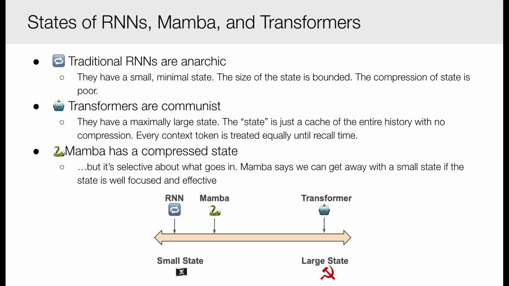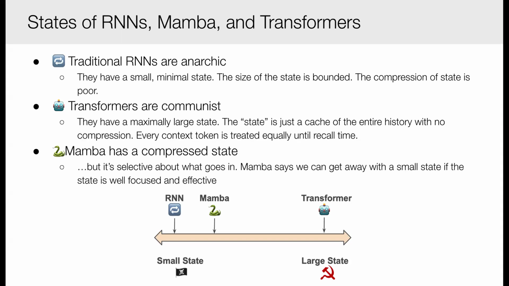This was from another article I saw earlier that I thought was fairly funny. Traditional RNNs have a small minimal state, and the size of the state is bounded. Transformers instead have a maximally large state, a cache of your entire history, without compression.